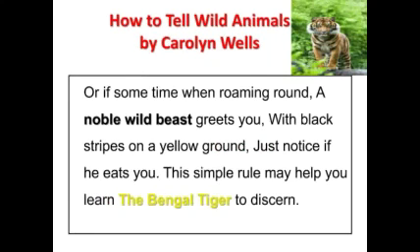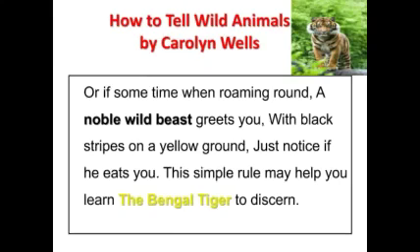The simple rule may help you learn the Bengal tiger to discern. So children will get a very fair idea about the wild beast. How? What is the simple rule? If a creature appears with black stripes on a yellow ground, with a very daring look, definitely it might be the Bengal tiger.